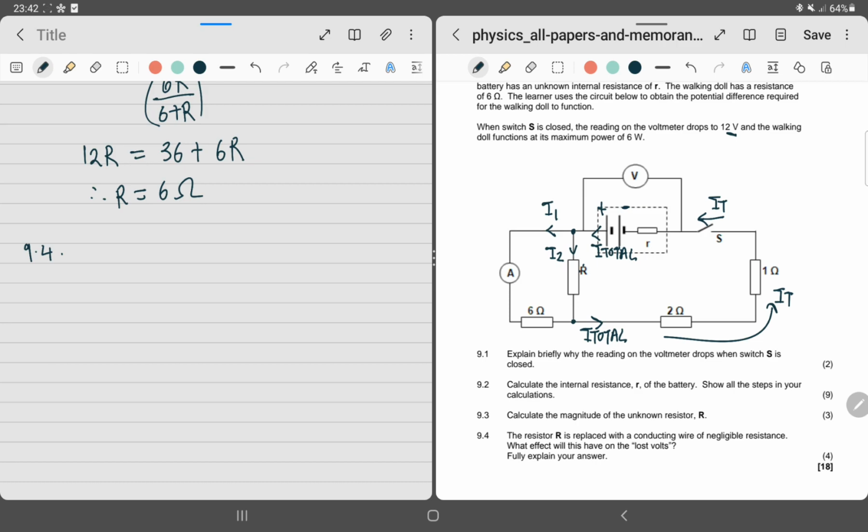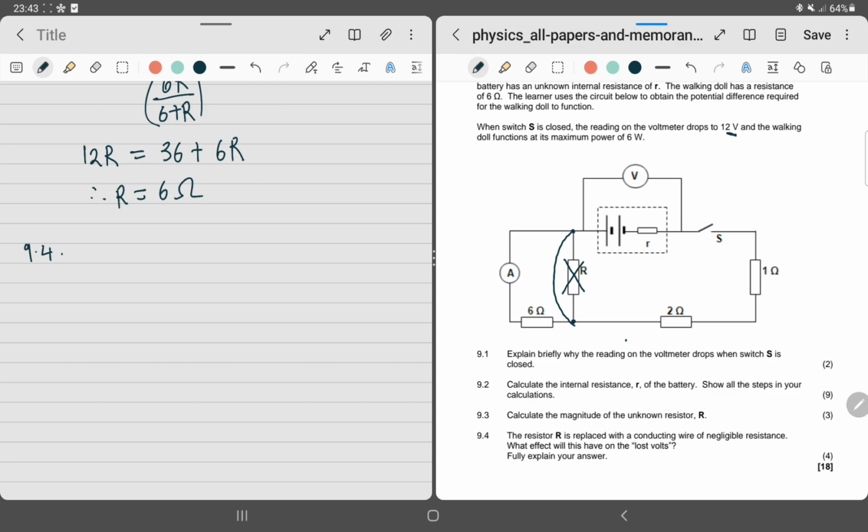The resistor R is replaced with a conducting wire of negligible resistance. What effect will this have on the V lost? Fully explain your answer. Okay, let's just clean up our sketch. So we are killing that resistor right there, and then we are connecting a wire of negligible resistance.